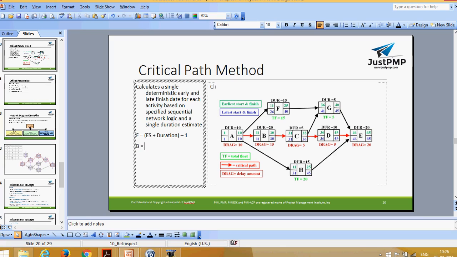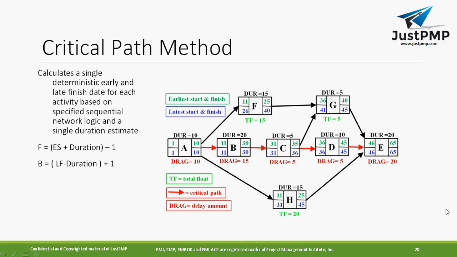For backward calculation, latest start date equals latest finish date minus duration, plus 1. Now you have the latest finish date, and I want to calculate backward.